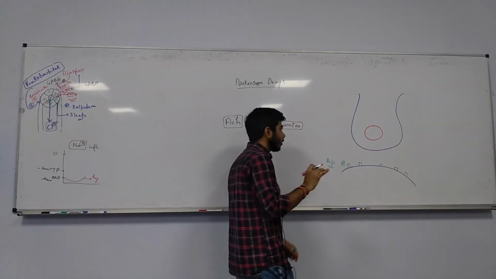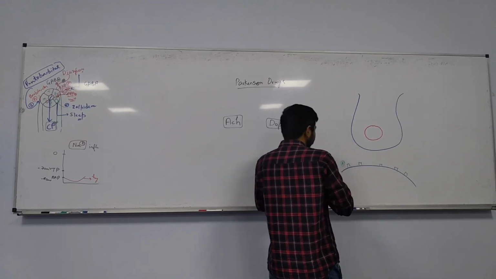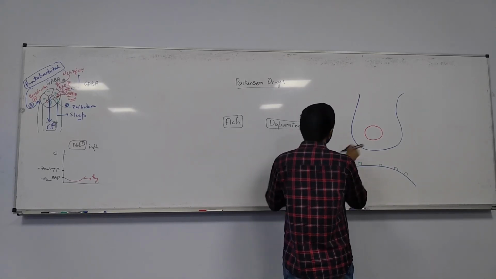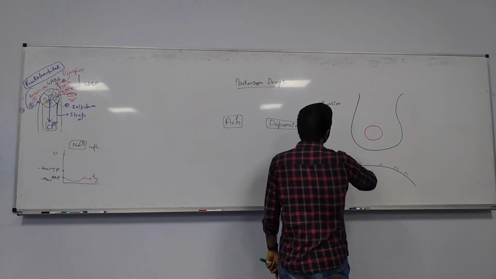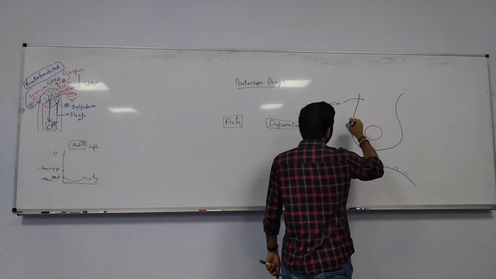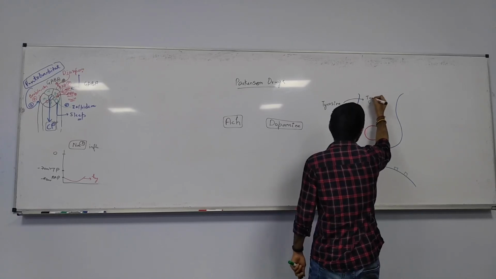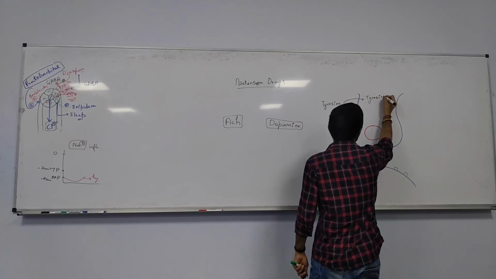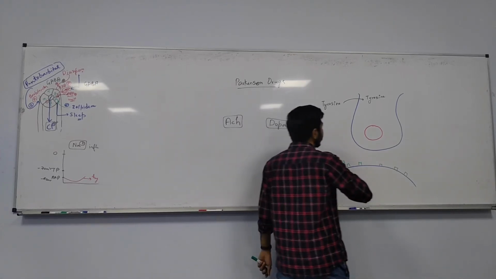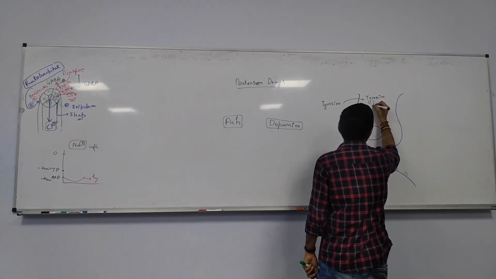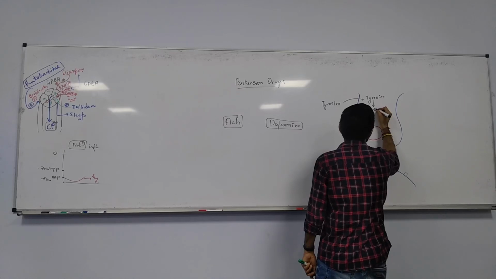Now usually what happens is there is tyrosine. This is one of the amino acids, tyrosine. Tyrosine goes inside your presynaptic neuron. Then this tyrosine converts into levodopa.